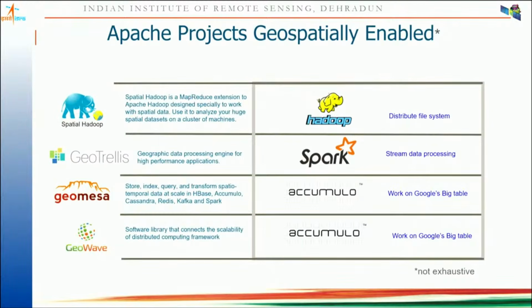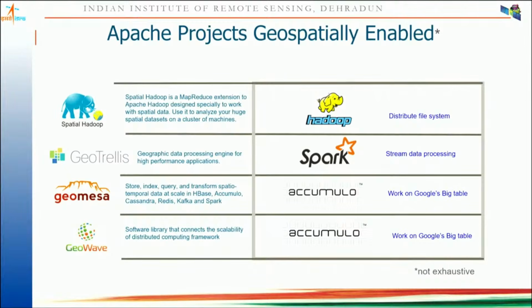If you talk about the geospatial-enabled projects from Apache, I have taken some examples here. We have SpatialHadoop; Hadoop is basically a distributed file system. We have GeoTrellis, a geographic data processing engine for high performance applications. We have GeoMesa, which stores, indexes, queries, and transforms spatio-temporal data at scale in HBase and Accumulo.